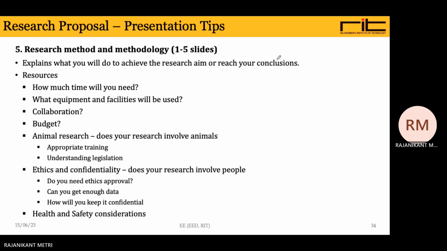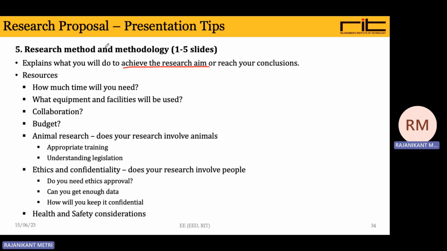Next come the research method and methodologies in detail. These slides should explain what you will do to achieve the research aim. So what is your plan, or how are you going to achieve that aim, or have you reached your conclusions?